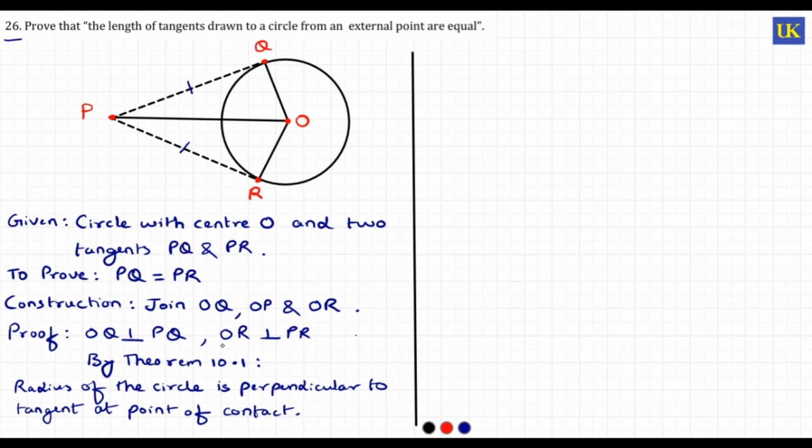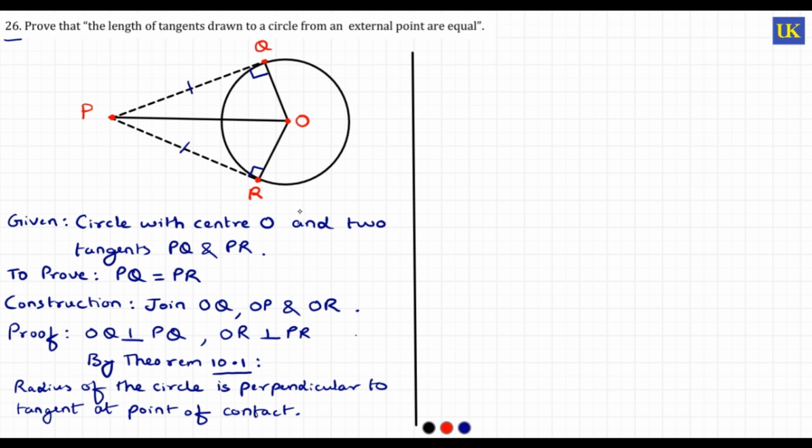So basically, in easy terms, what theorem 10.1 says is that if we draw a line from the center of the circle towards the circumference, and if it is touching the tangent, then it will be perpendicular. Then this line OR will be perpendicular on the tangent. So basically it means that here it will be forming a 90-degree angle, and here also it will be forming a 90-degree angle.